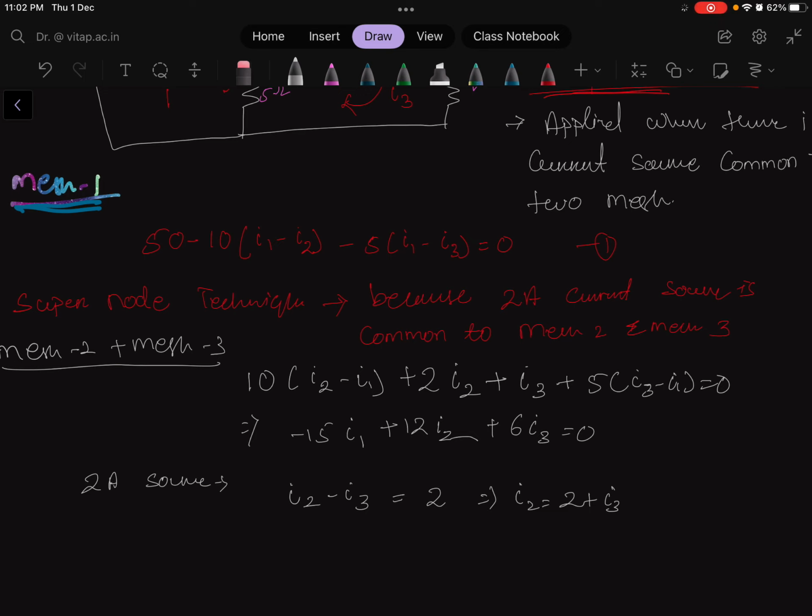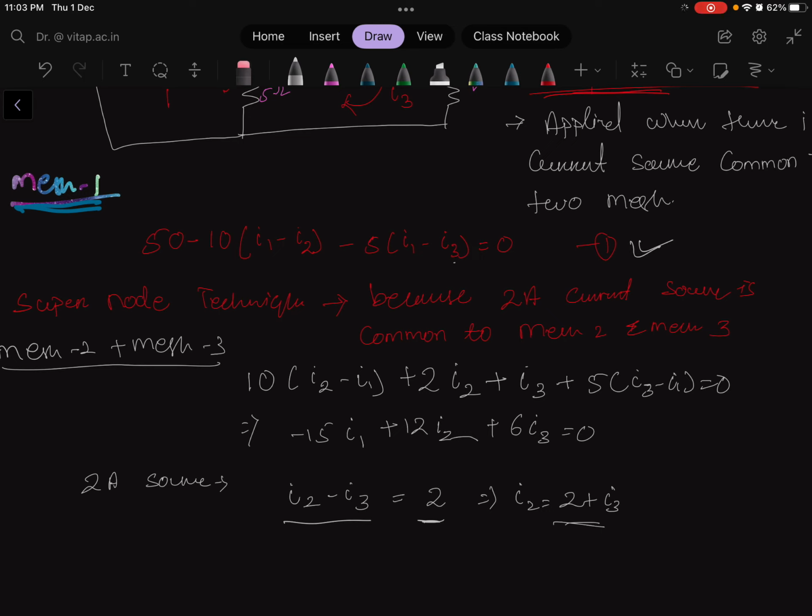So, where can I use this one? I can use it in equation number 1. If I use I2 minus I3 equals 2 in equation number 1, here I1 minus I3 is there and I1 minus I2 is there. If I replace all the values, what can I write?